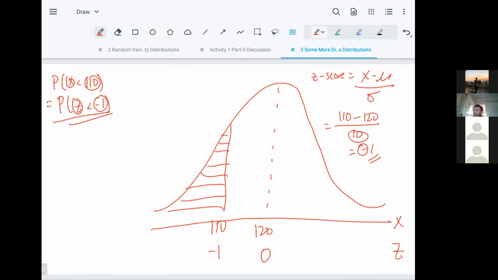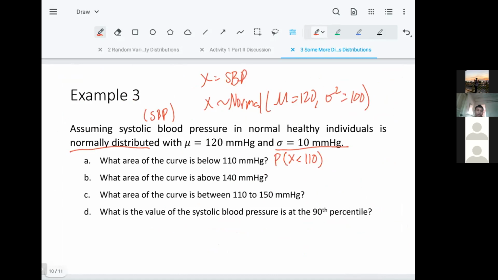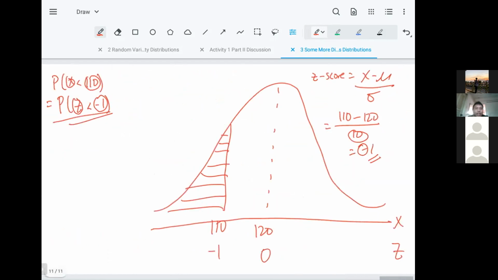Let's say you have another example na height naman yung ginagamit. Mean is 170, sigma is 12, kunwari. Anong procedure dyan? Kailangan ko mag-standardize. Kailangan ko laging i-convert into z-scores.